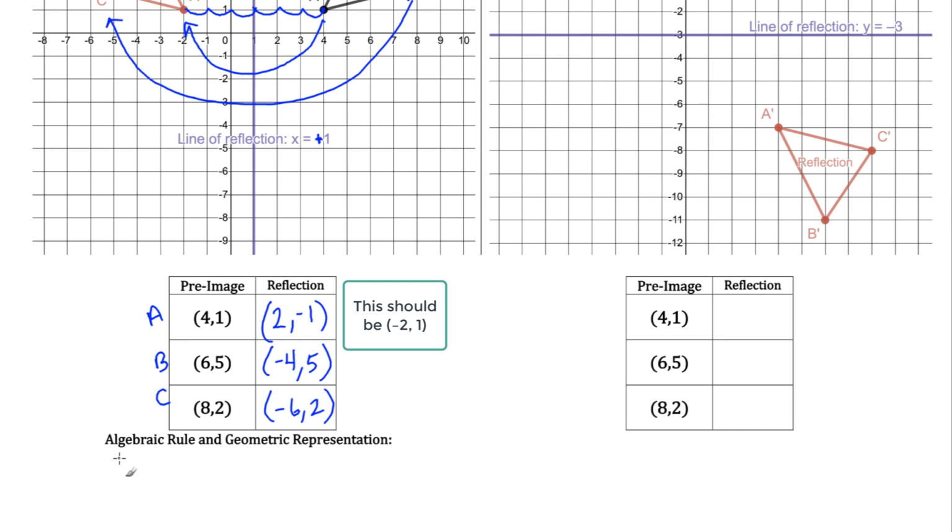So like I said, we're not going to write an algebraic rule. Not that we can, but we're just not going to write it. And our geometric representation will be, I'm going to write it up there, R for reflection, lowercase, and we were over x equals 1. And I'll box that.